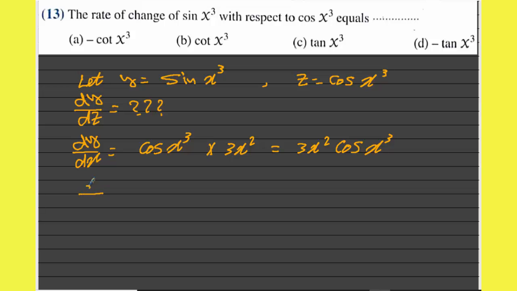So dz/dx equals the derivative of cosine, which is negative sine x power 3, multiply the derivative of x power 3, which is 3x square, which equals negative 3x square sine x power 3.